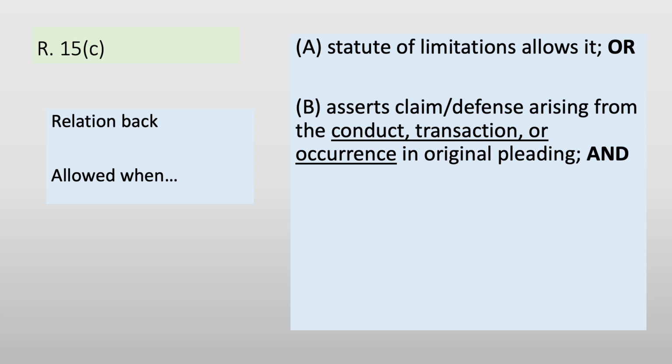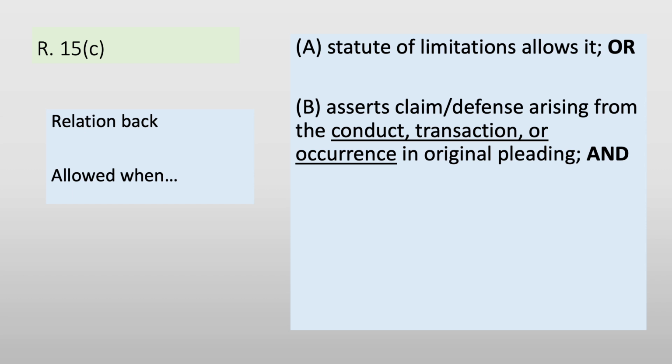So what this means is you don't get to start a whole new lawsuit within the lawsuit once your statute of limitations has run by using relation back. Rather, you can specify and correct stuff that was wrong or inaccurate in your original pleading after the statute of limitations has run. Okay, so I think that's pretty straightforward.